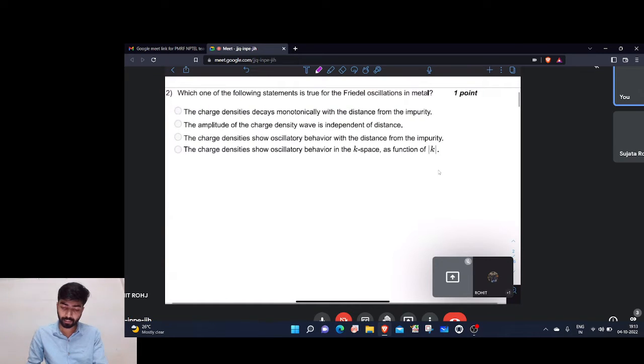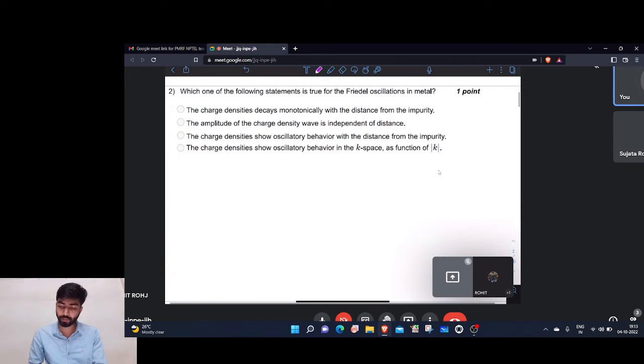And the next question is, which of the following statements is true for Friedel oscillations in metal?